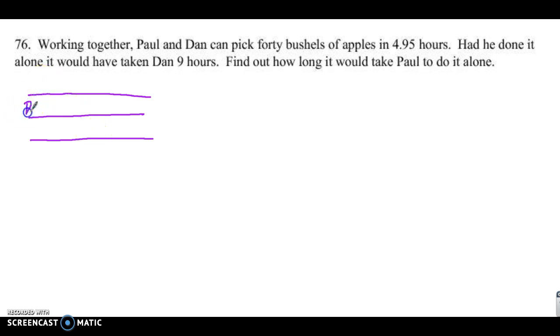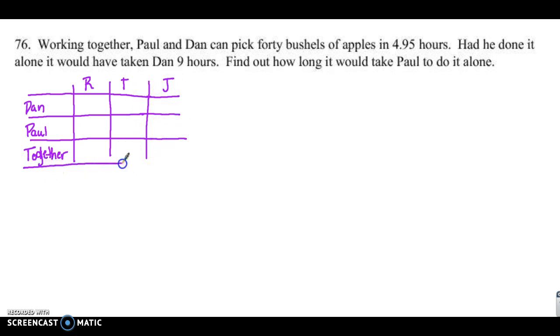So we're going to have in our chart Dan and Paul, and then we're going to have together. That's them working together. So what we're going to have is their rate, their time, and then I call it their job, because it's whatever that they're doing, and in this case it happens to be picking 40 bushels of apples. But that's not what we're concerned about, because every single time the job is going to be 1.